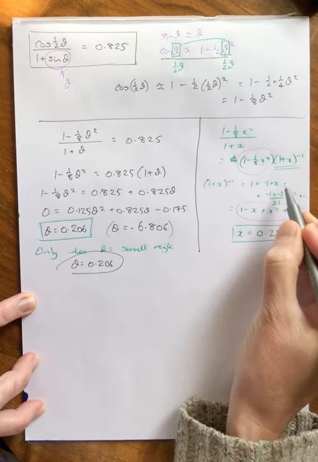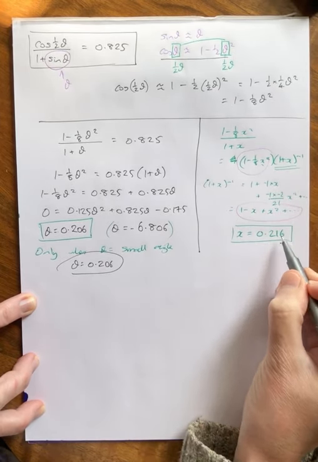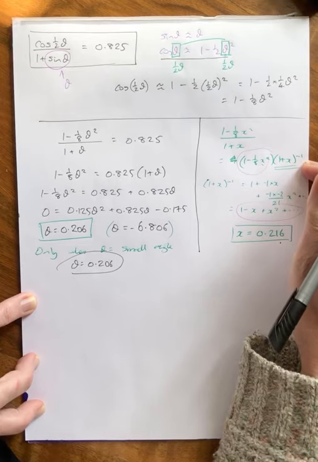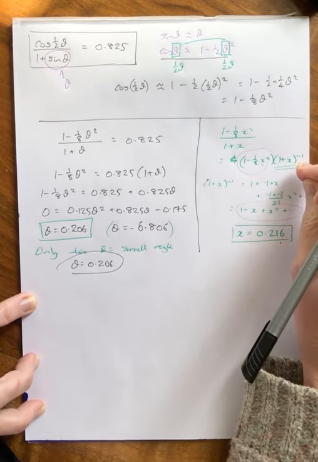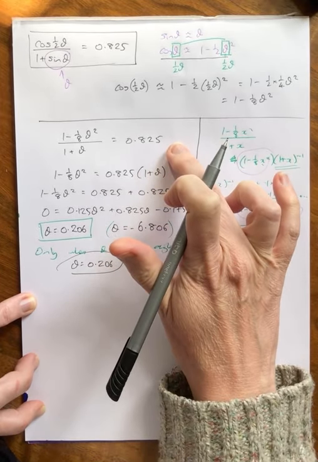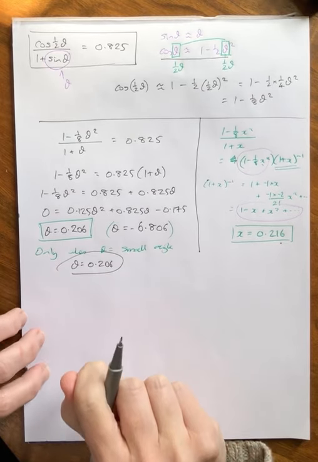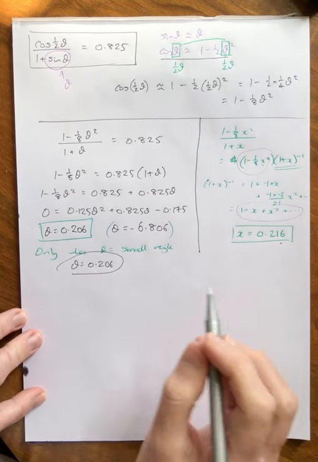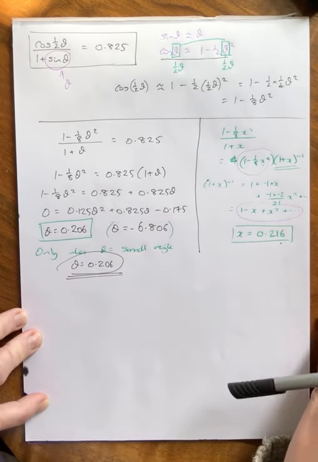When you use that further binomial approximation, you get 0.216. So you can see the binomial approximations work. However, doing that method you've got two approximations, whereas this method is just one approximation. So this would be the method that they'd be looking for. So 0.206 is your correct answer.